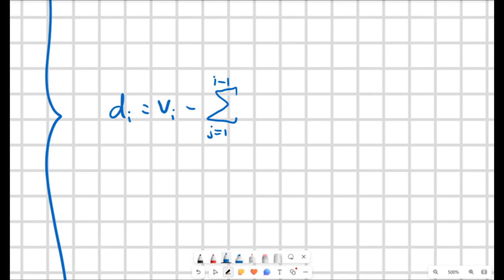So from j equals 1 to i minus 1. And we have dj transposed A times this ith vector vi, all divided by dj transposed A times dj, all multiplied by the jth search direction.